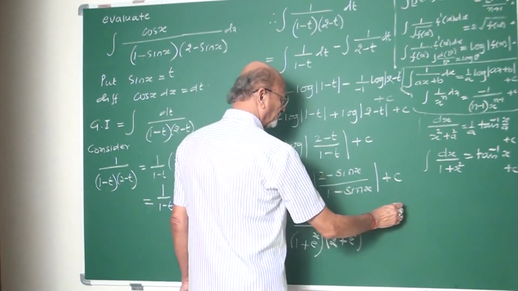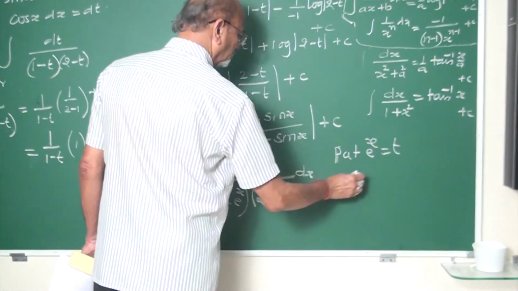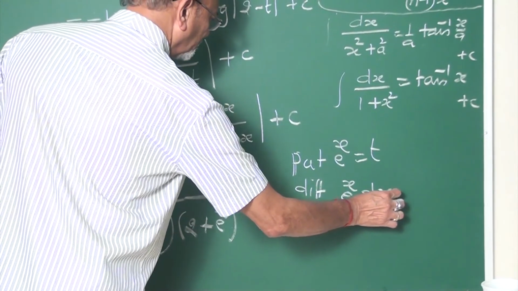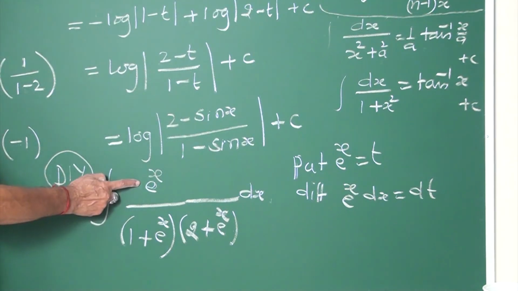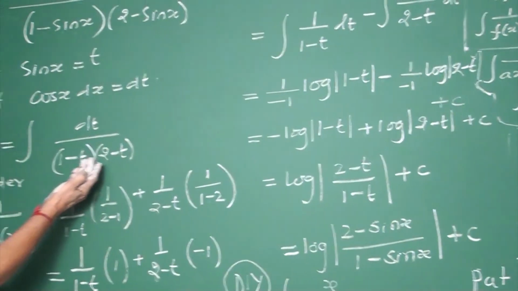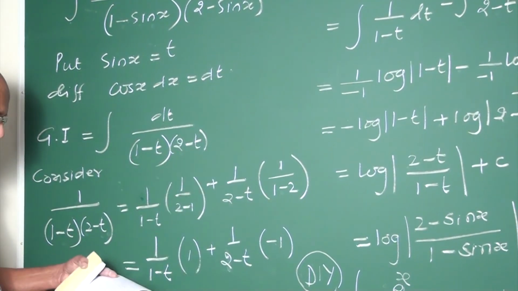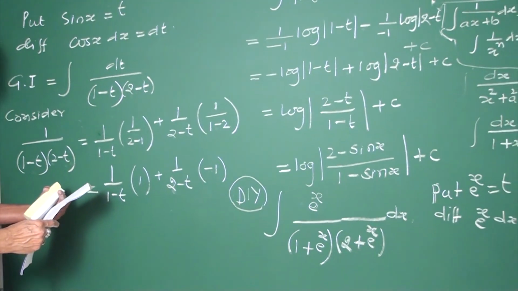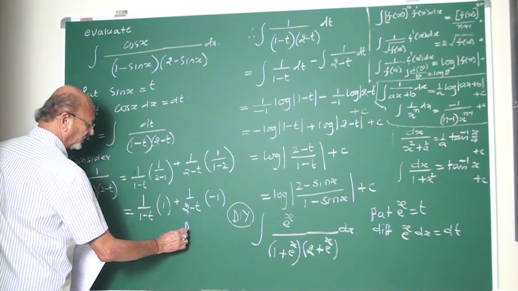In this case, you have to put e to the power x equal to t. Differentiating, e to the power x dx equals dt. So this is dt upon (1 plus t)(2 plus t). Same thing, my friends. Do it yourselves. It is also DIY.